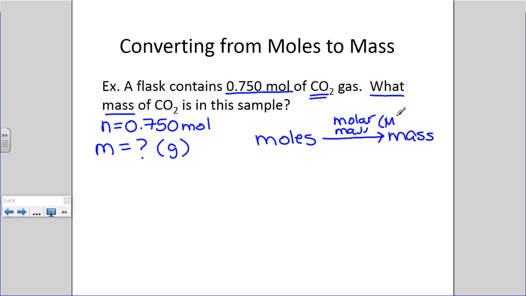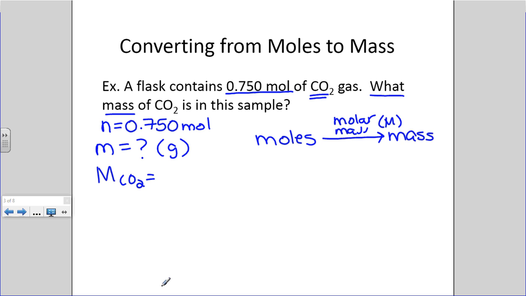That's your big M. Now, did they give us the molar mass in this question? You don't see any other numbers there. So the numerical value isn't given, but since we know that we're dealing with carbon dioxide, this is something that we can calculate. So in a question, they generally won't give you the molar mass, but if you know the compound, you can get a chemical formula and then come up with the molar mass for yourself.